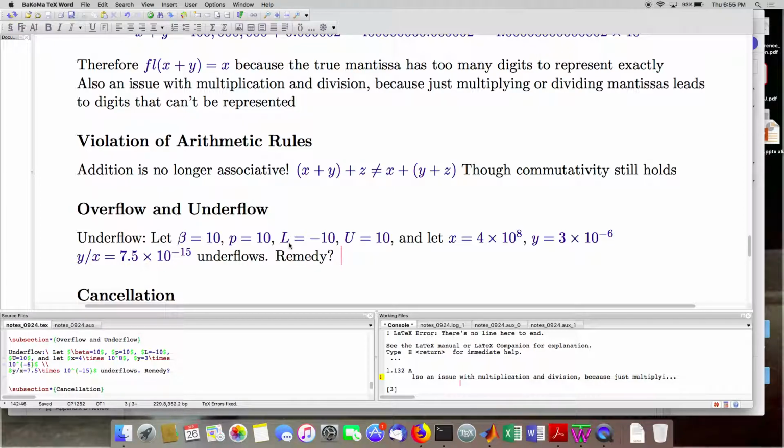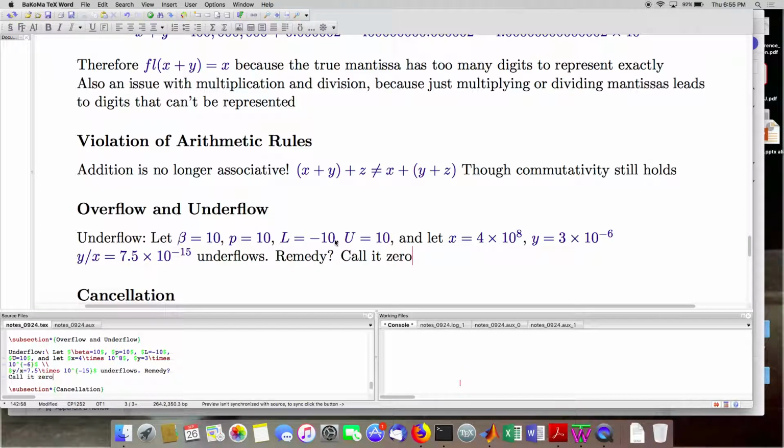Infinitesimal? Well, the smallest numbers we can represent are on the order of 10 to the minus 10. But now we have something that's much smaller than that. So, yes, 0. We just declare it to be 0.